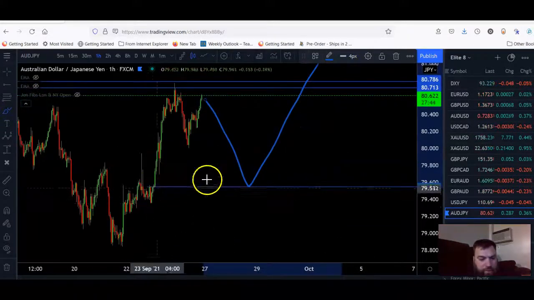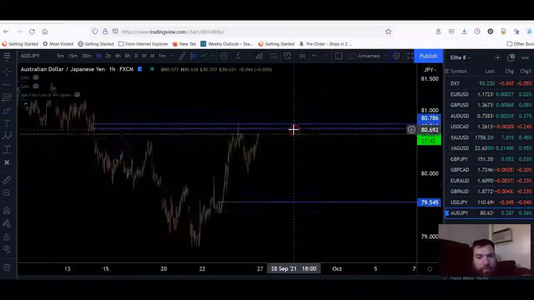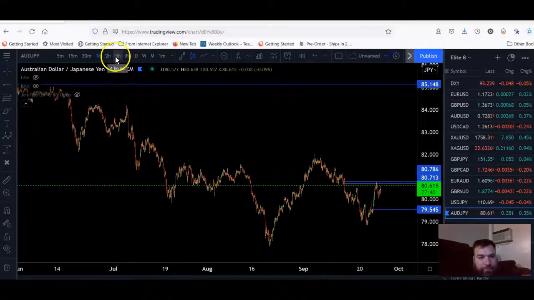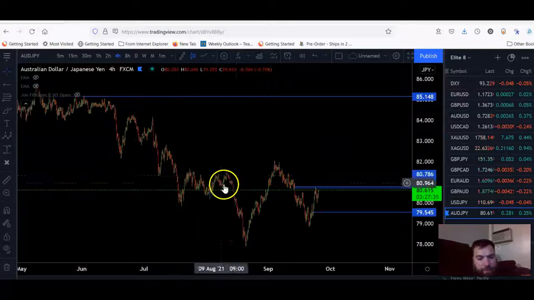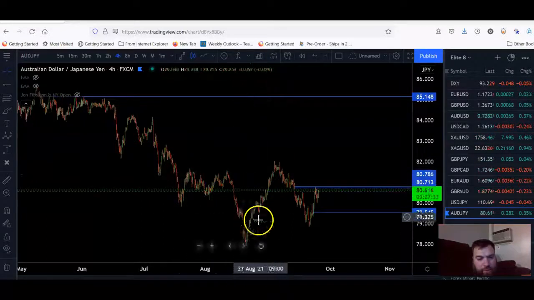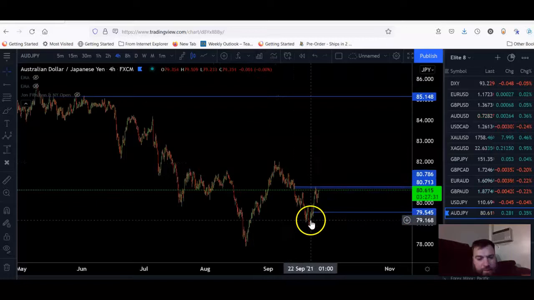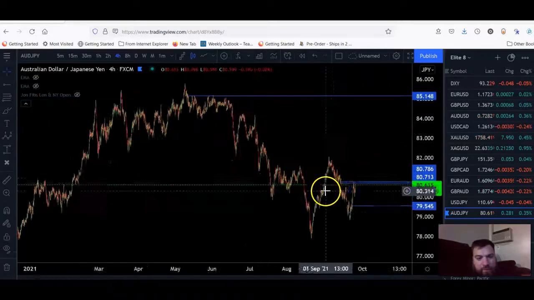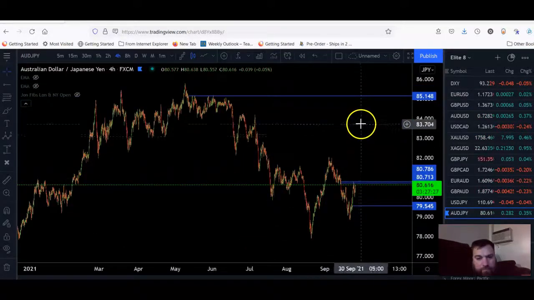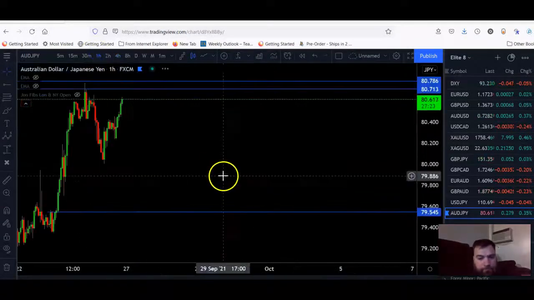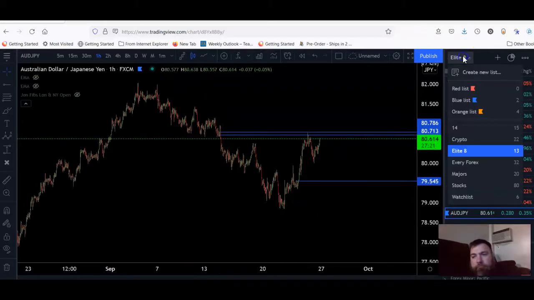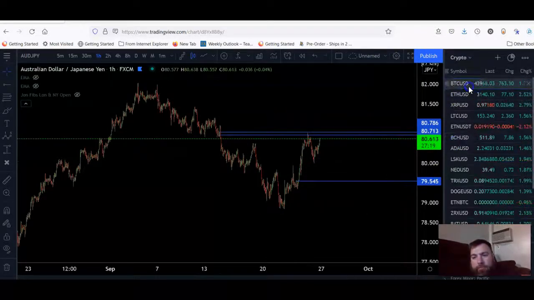This last red candlestick and go up. As you see, it broke this structure right here. It came back down. So I think it can go up. We'll see. Let's look at Bitcoin.